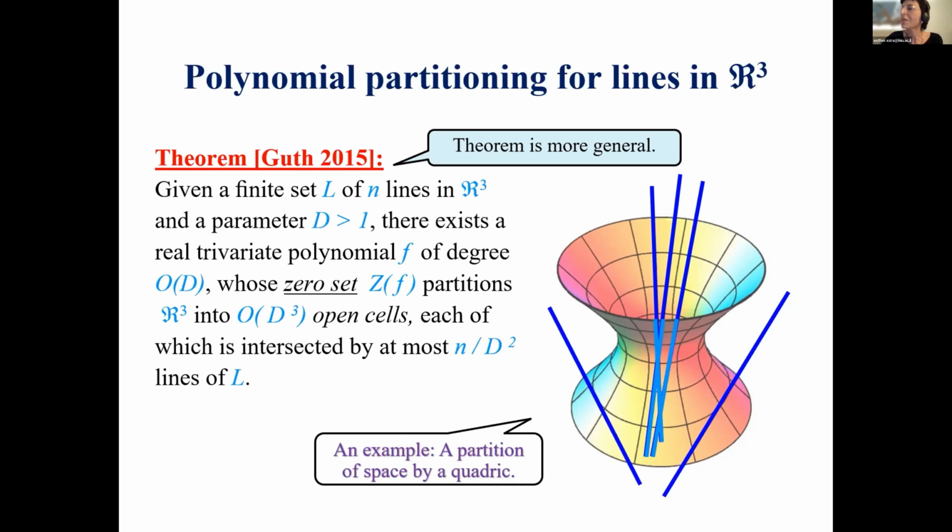Like Micha said, getting this bound on average is easy, but getting it in the worst case, this is the main contribution of Guth.